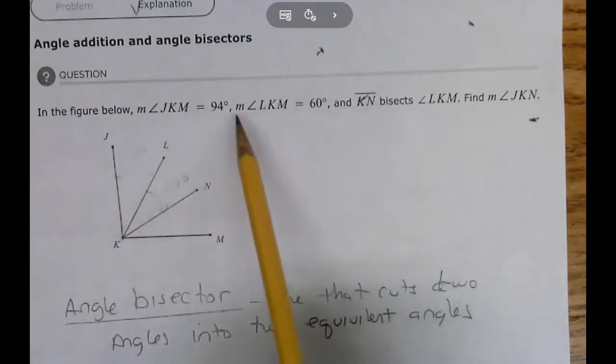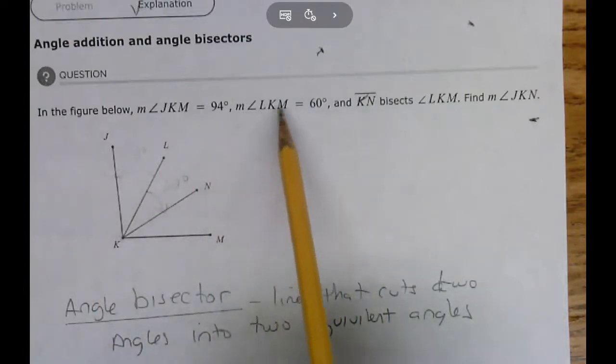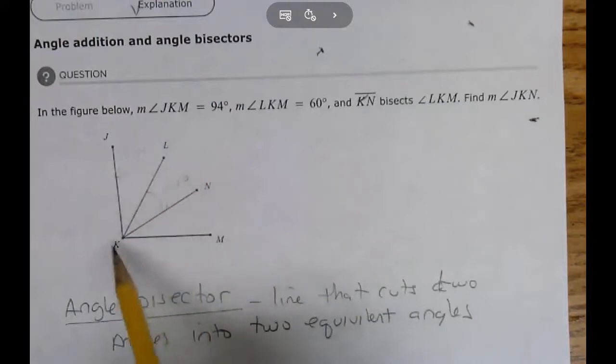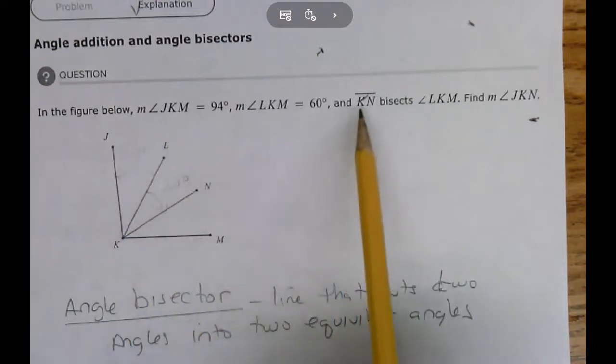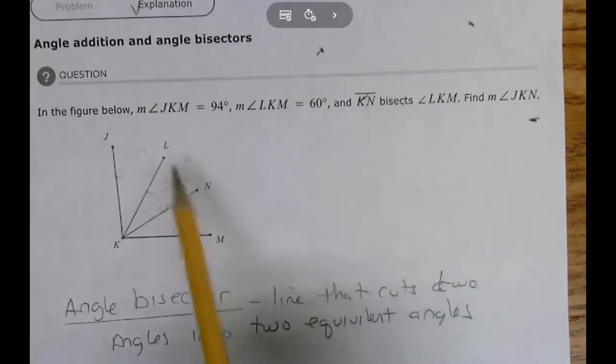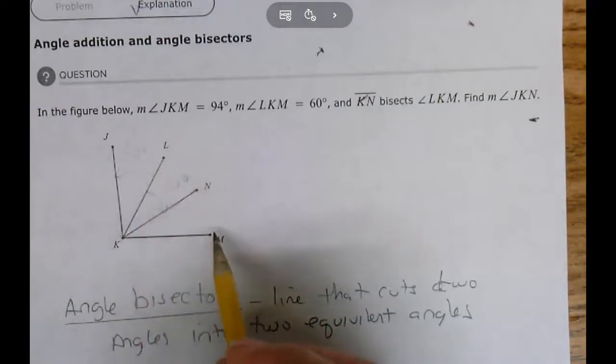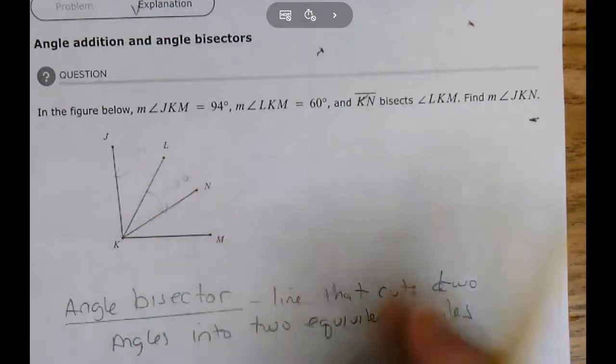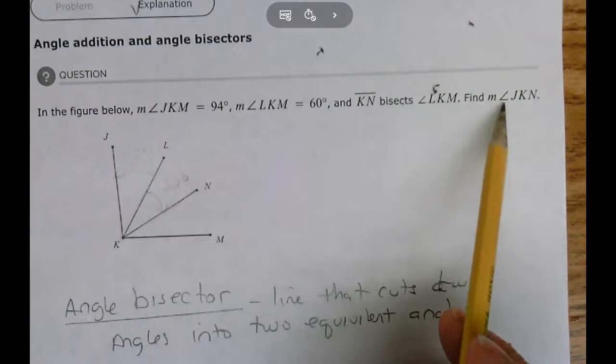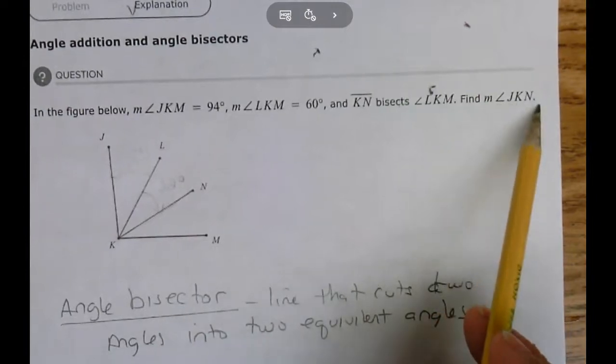The measure of angle LKM is equal to 60, and KN bisects LKM, so this one cuts that angle in half.